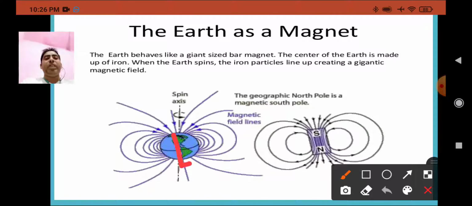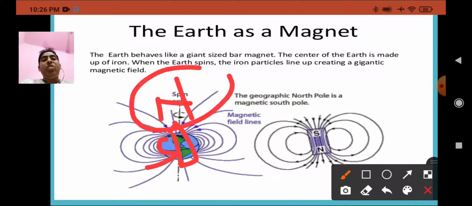People say that a huge bar magnet is inside our earth. The south pole of the bar magnet is near the geographical north.